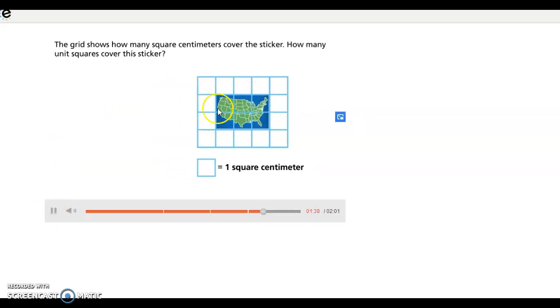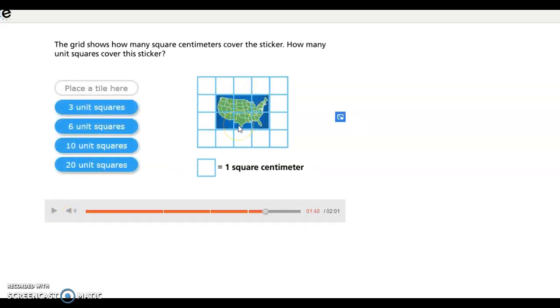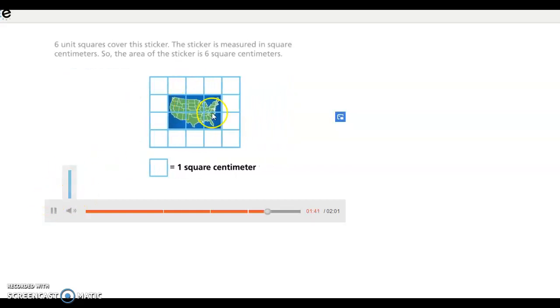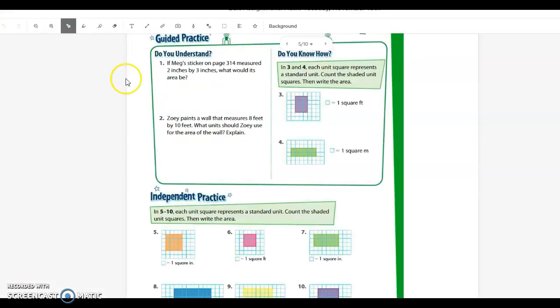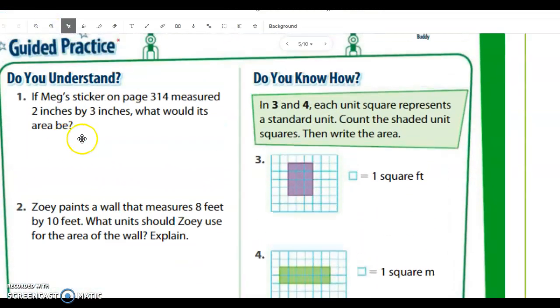So we can see that it covers 6 square meters. Let's go to our Classkick and practice some of these strategies.